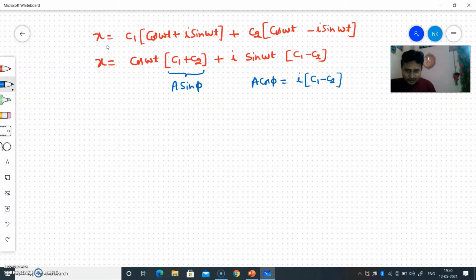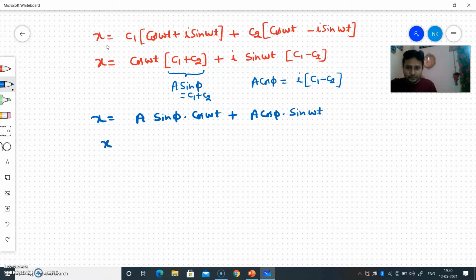Here we have assumed that A sin phi is c1 plus c2 and A cos phi is i times c1 minus c2, where phi is some phase and is also a constant, and A is some amplitude. We will see that A is actually the amplitude, and it is also a constant right now. So x is A sin phi cos omega t plus A cos phi sin omega t.